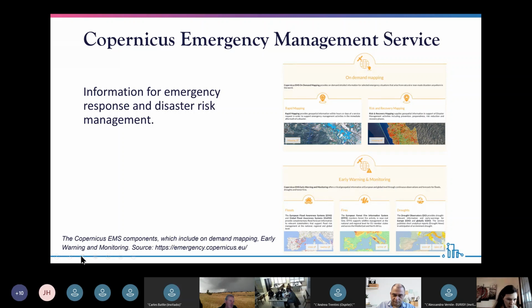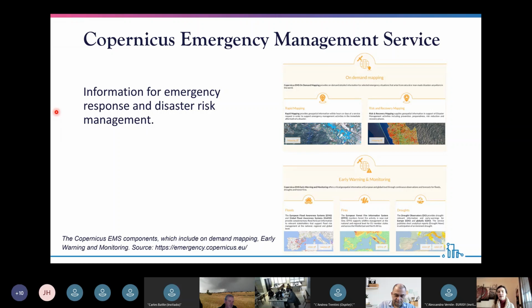Copernicus EMS in general is dedicated to providing information for emergency response and disaster risk management, in order to provide support for all phases of emergency.